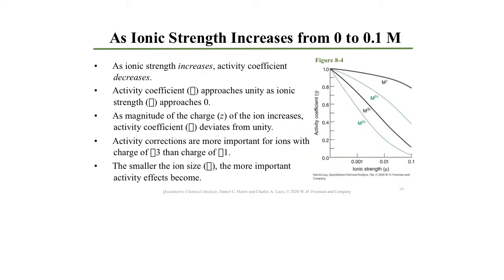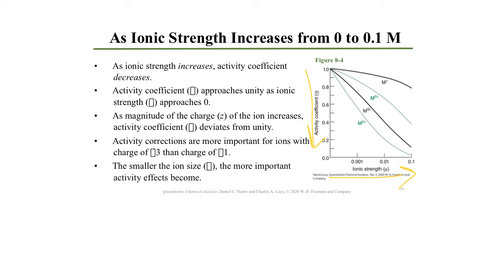So let's sum this up a little bit. As the ionic strength increases from 0, so if you've got nothing in there but what you're trying to dissolve, then it goes to 0.1. As the ionic strength increases, the activity coefficient decreases. So as ionic strength goes up in this direction, this is going down.